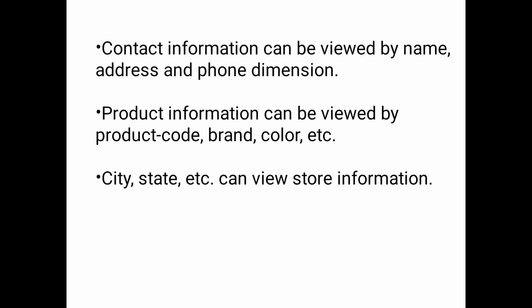For example, contact information can be viewed by name, address, and phone dimension. Product information can be viewed by product code, brand, color, etc. City, state, etc. can view store information.